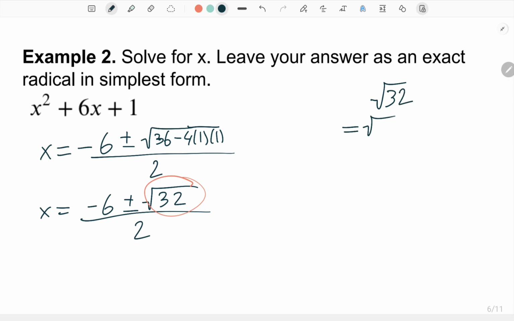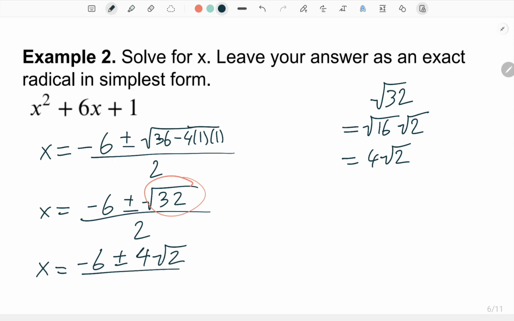So 32, well, that's the same as, I'm just thinking a little bit here, root 16 times root 2, or 16 times 2. And root 16 is 4, so root 32 is 4 root 2. So now we can go back in there. Let's replace that root 32 with negative 6 plus or minus 4 root 2, all over 2.